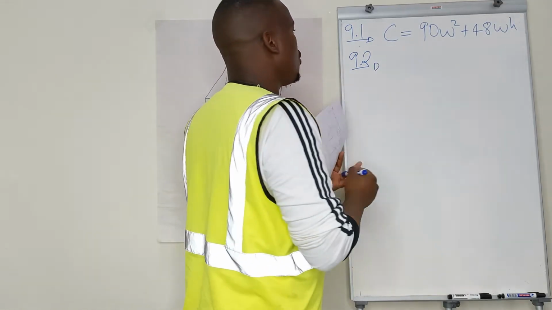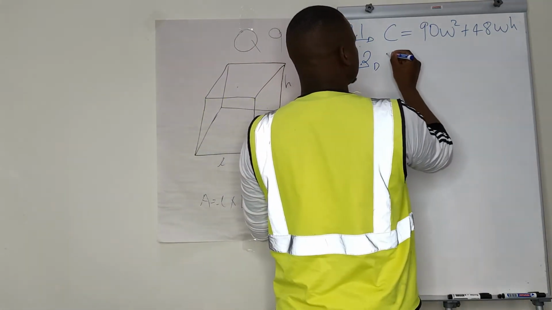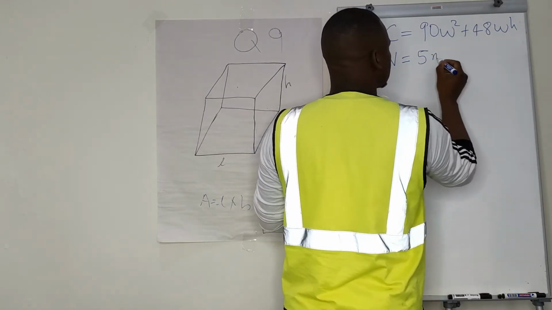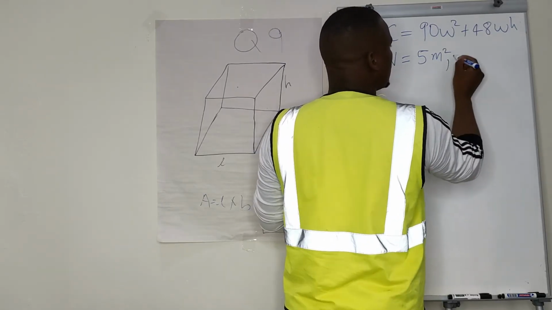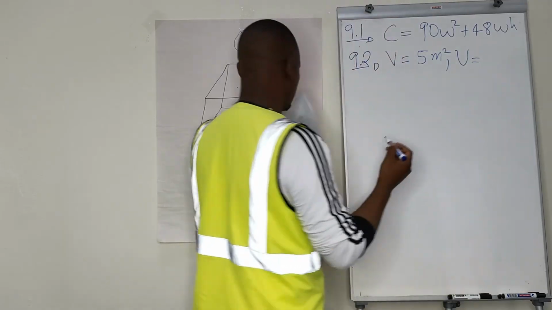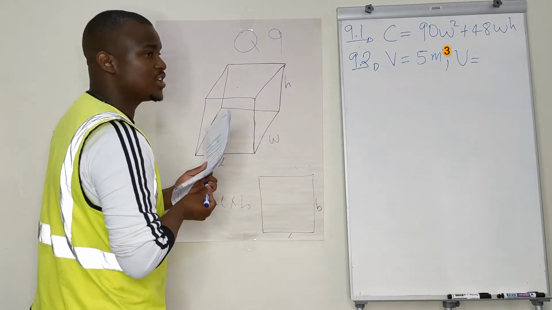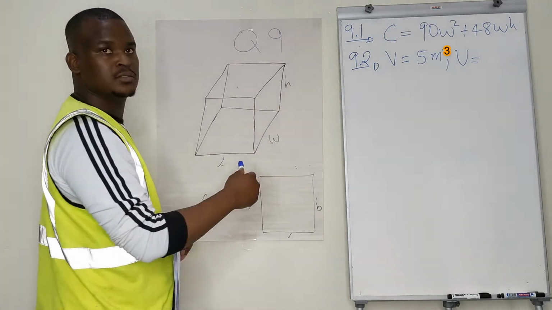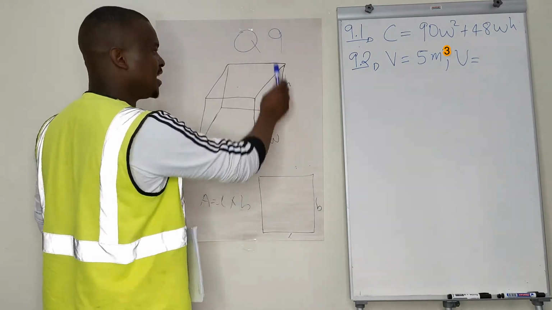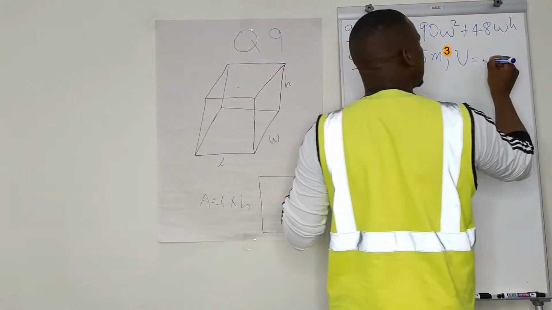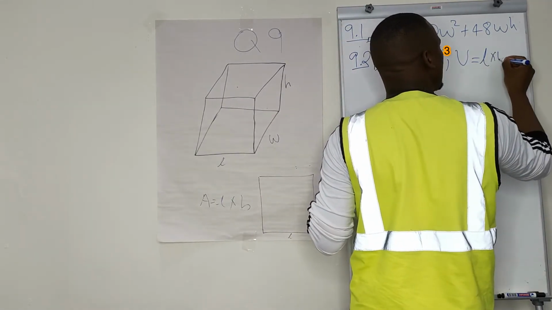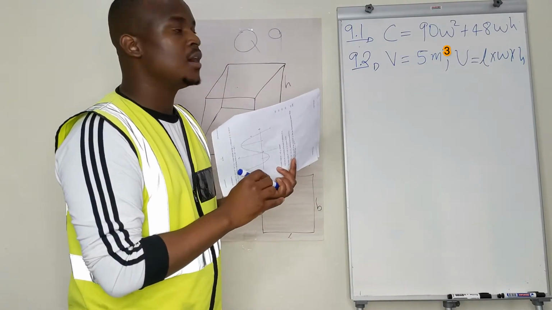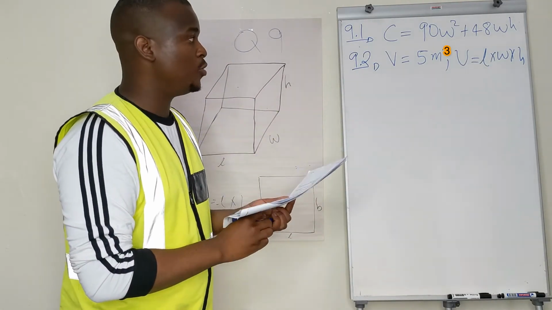So we're told that the volume is equal to 5, and we know the volume of the box. If you want to calculate the volume of a rectangular shaped thing, it's length times width times height. That is the formula for the volume.